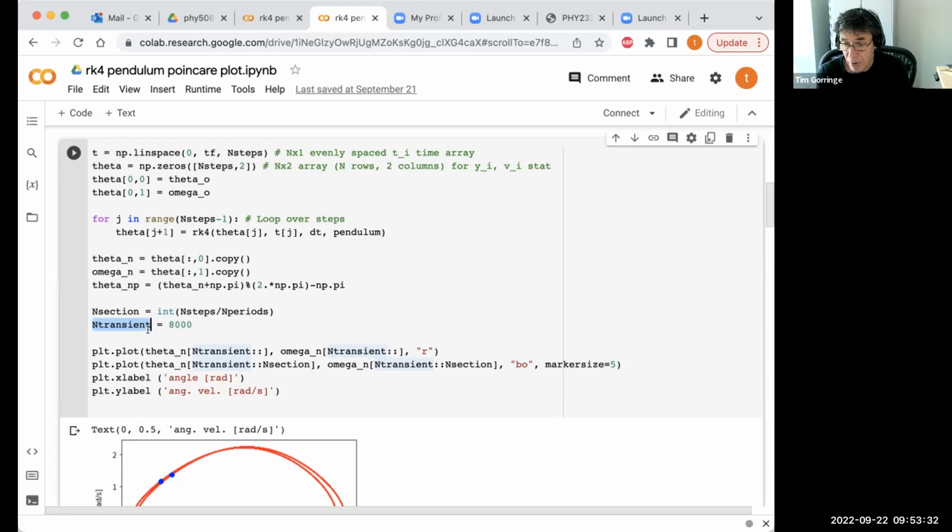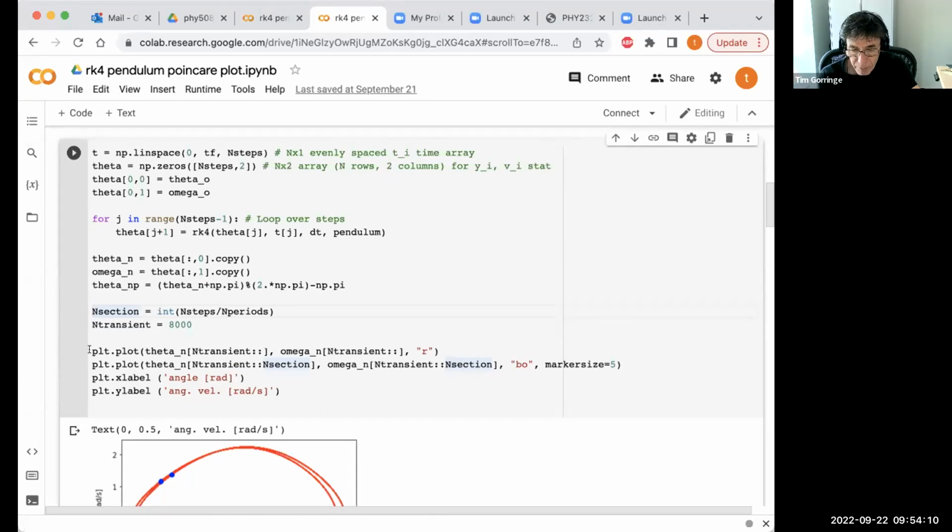When I make my plots, I start from that time rather than the first time, so that avoids seeing the transients. And n_section I define so that the number corresponds to one cycle, the cycle at which I want to sample the Poincare sections. That's the cycle that has the length of the period of the driving force. So I've got those two variables set to those two values.